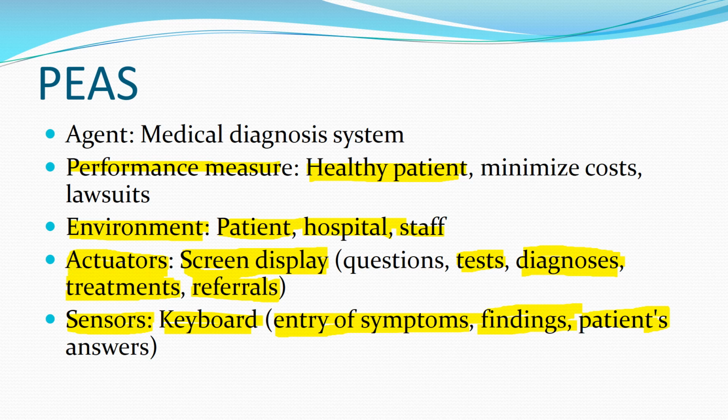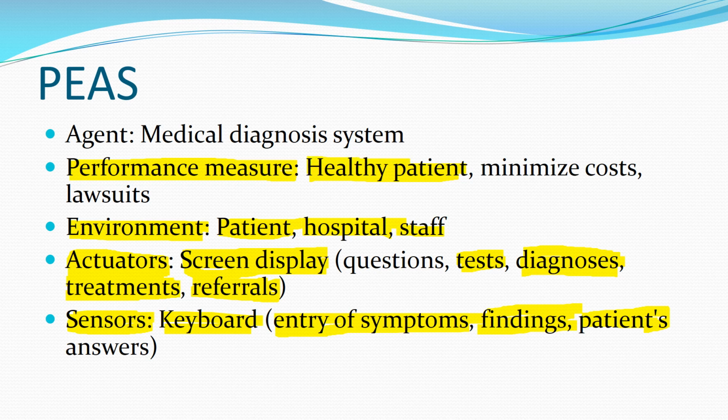Now we have seen what the environment is, what the sensors are and what the actuators are. After using all these things, if your agent is working perfectly, in that case you can measure the performance of your agent. And if it is accepted performance, then you can say that your agent is a rational agent. Now, what can be the performance measure here?